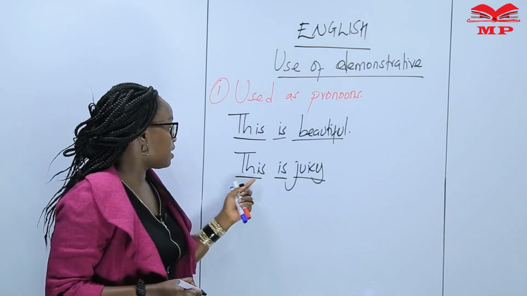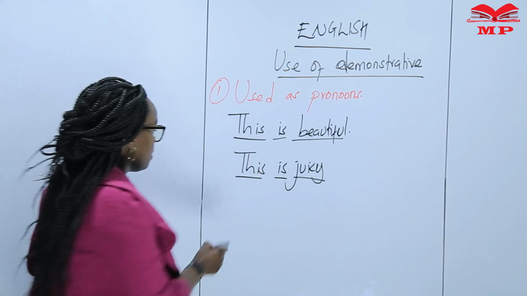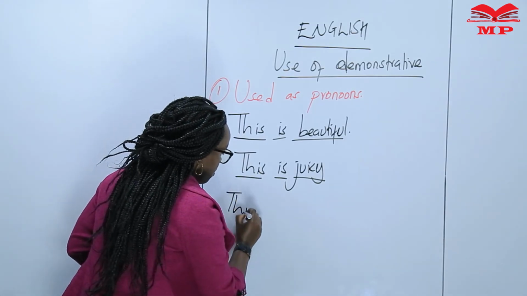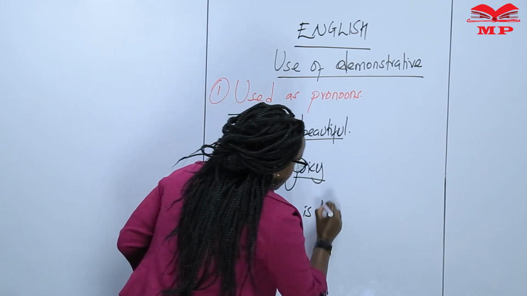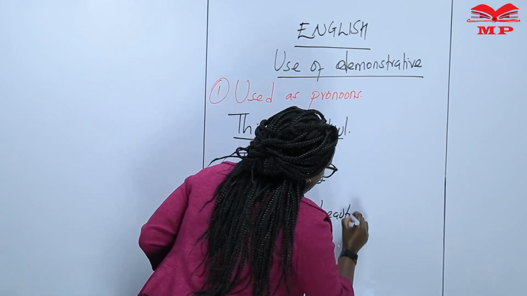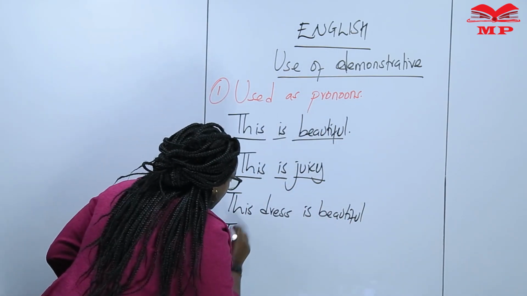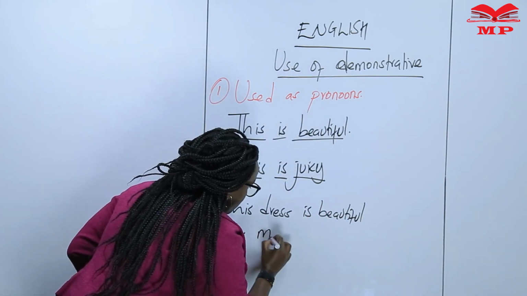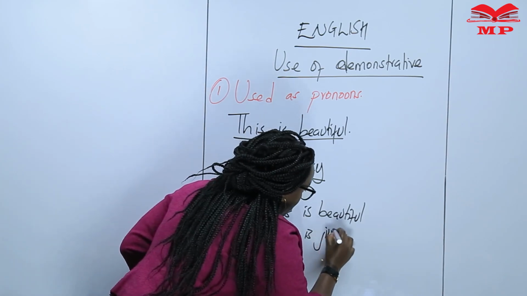For example, we can change these 2 sentences and then have something like, this dress is beautiful. And then we could also have, this mango is juicy.